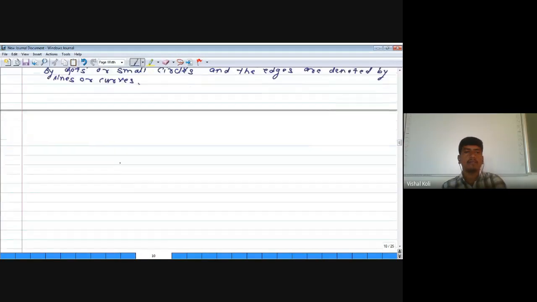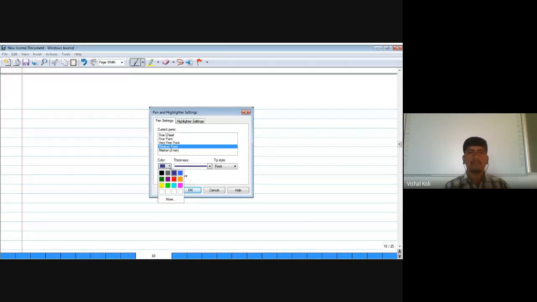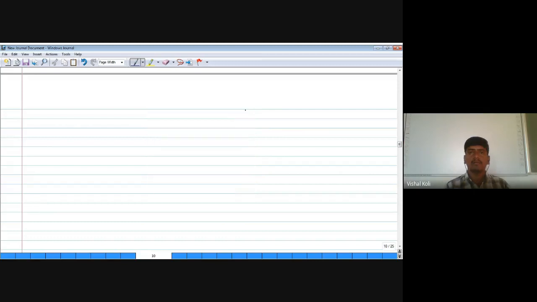Let us see, for example, these are the four vertices, that is, they are denoted by small dots v1, v2, v3 and v4.